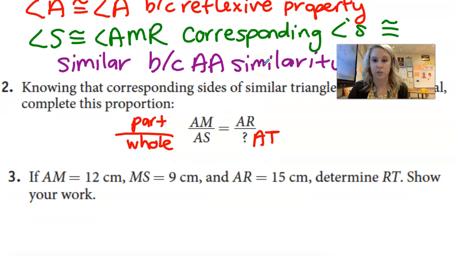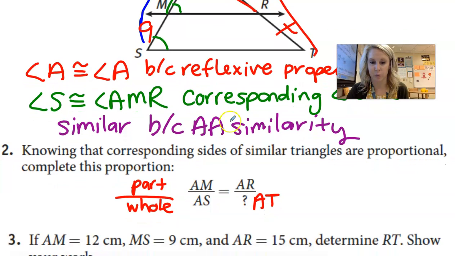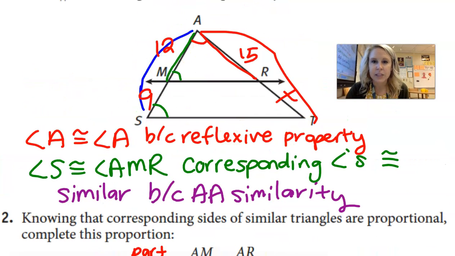And I'm trying to find RT. Okay? All right, so I'm going to do part over whole equals part over whole. I'm going to follow this proportion up here. So the biggest thing is my part is my 12, and this 9 doesn't come in handy until I need to know the whole entire thing.